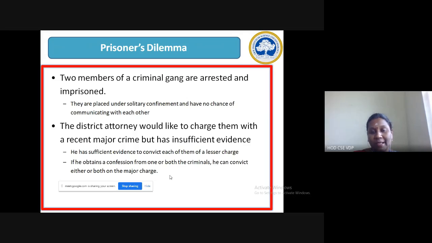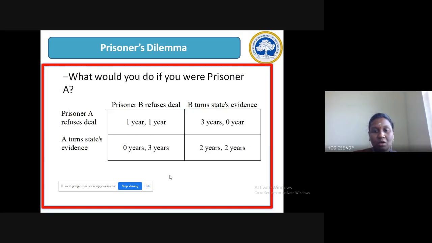If none of them accepts that they have committed a crime, both of them must be let free. If one of them accepts, that approver will be given less punishment and the other person more punishment. Accordingly you arrive at the prisoner's dilemma matrix, which is applicable to many other applications also. So till this we saw in the last class.